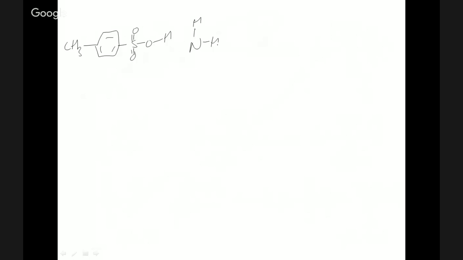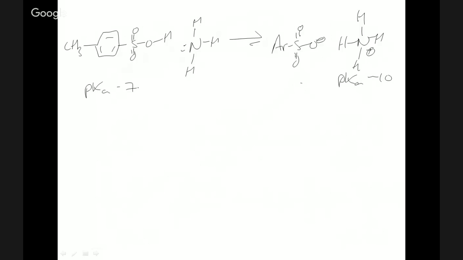Amines will very quickly deprotonate sulfonic acids. Even more so. pKa of about 10 here. pKa of negative 7. So tremendous equilibrium to the right.